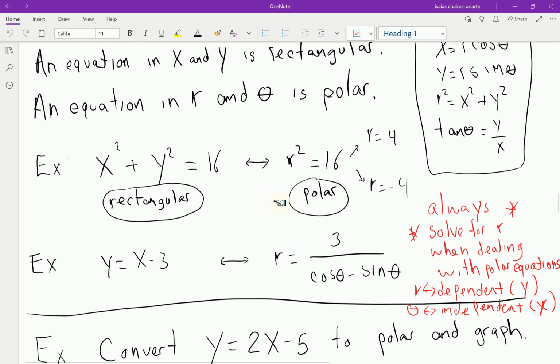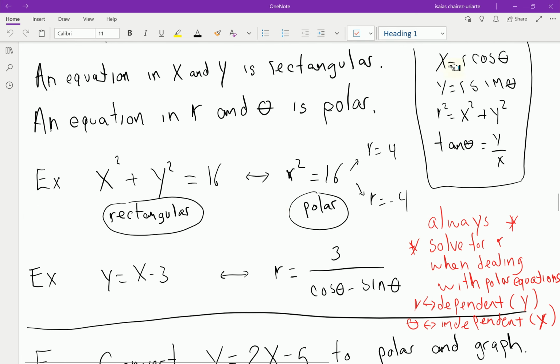Well, I looked at my little equations over here, and I know that x is equal to r cosine theta and y is equal to r sine theta. In this equation, I changed y to r sine theta, and I changed x to r cosine theta. And then I solved for r, and I ended up with this equation. That's how I know that this is the corresponding polar equation. Remember, if you're ever going to get a polar equation, always solve for r.